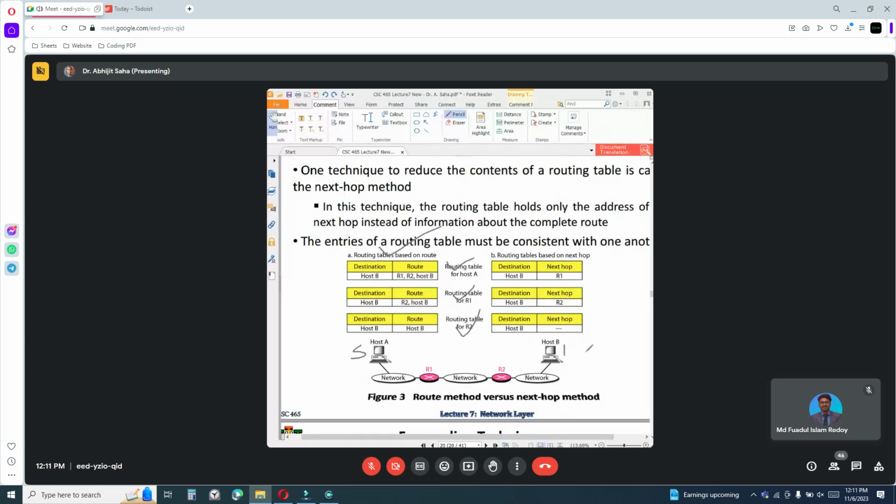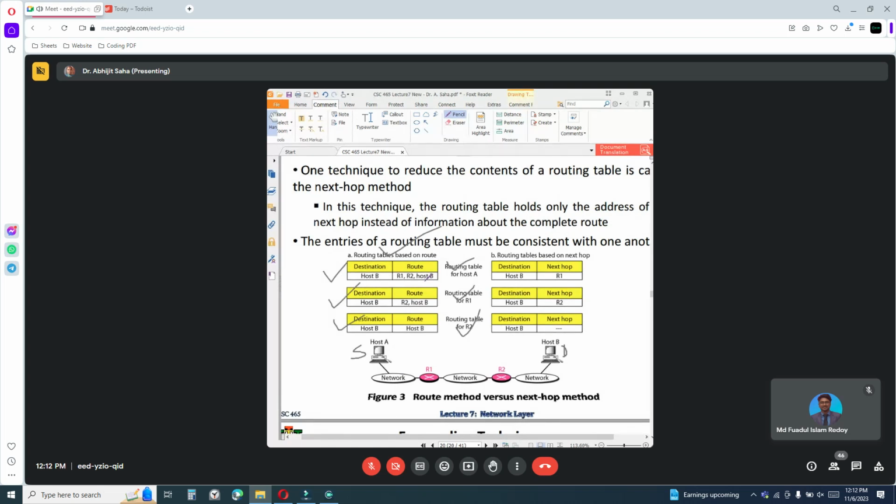Now, what is the issue here? We have routing tables for the different nodes in this network. It is only a few nodes in this example, but think about it: if there are more routers, one to n routers between the source and destination, then the weight of the routing table is going to be very high.